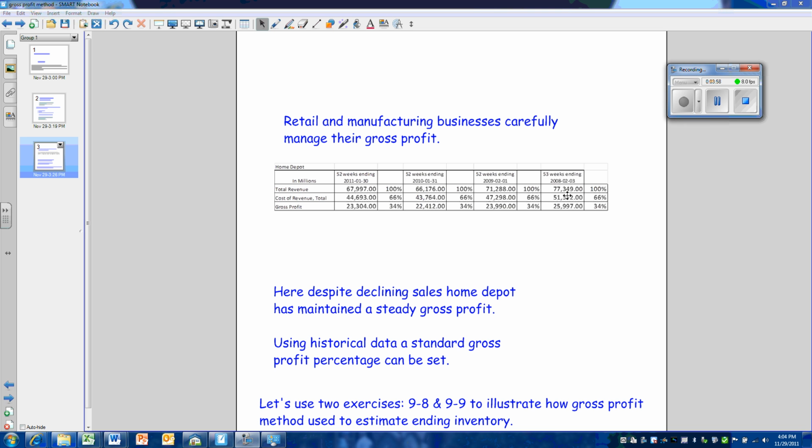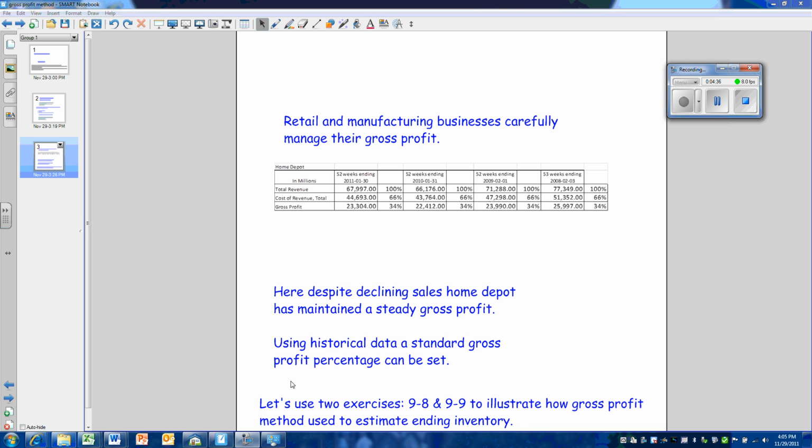It went from $77 billion in 2008 down to $66 billion in 2010 before making a slight recovery in 2011. But notice, despite the decline in revenue, Home Depot has managed to maintain a steady gross profit margin of 34%. Using this historical information, we can generate a standard gross profit percentage. Here, obviously, we would use 34% for Home Depot.